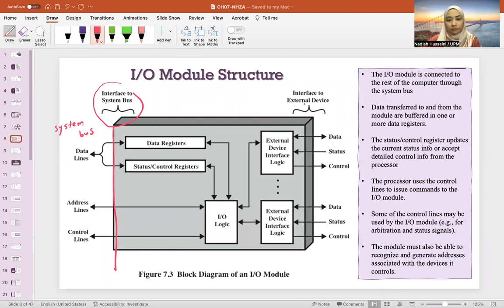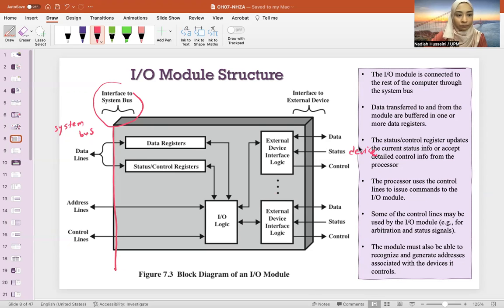And then we have the interface to external device. We have our data, which is a bidirectional line. We have our status coming in from the device, right? And our I/O module obviously will control the device. So this is also the same as the one that we have seen before.